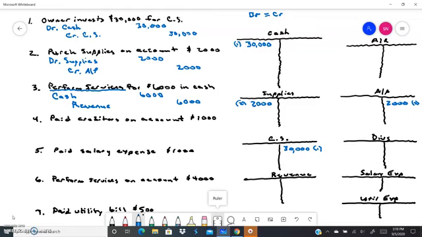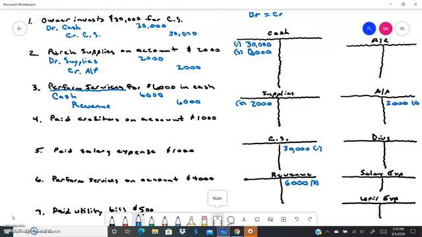And here we have cash of $6,000 from entry 3. And we have revenue, credit of $6,000 from entry 3. Okay, so those are those 3 transactions that are recorded both in journal entries and in the accounts.